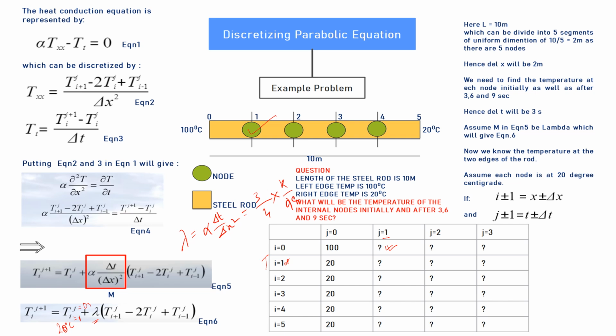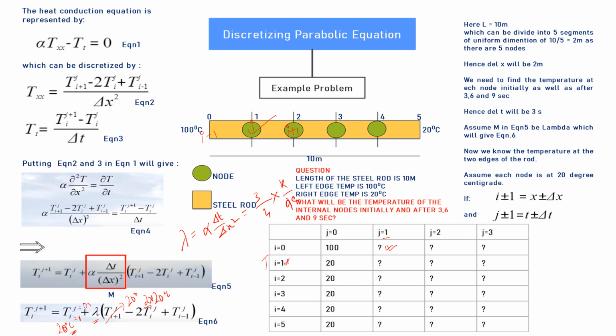This is your i, this is your i plus 1, this is your i minus 1. So this i plus 1 will actually be 20 degrees centigrade, because we have assumed at the beginning that all these nodes are at 20 degrees centigrade at the initial time. So 2 Tij we have already calculated as 2 into 20 degrees centigrade, because this Tij is 20 degrees centigrade as per our assumption.